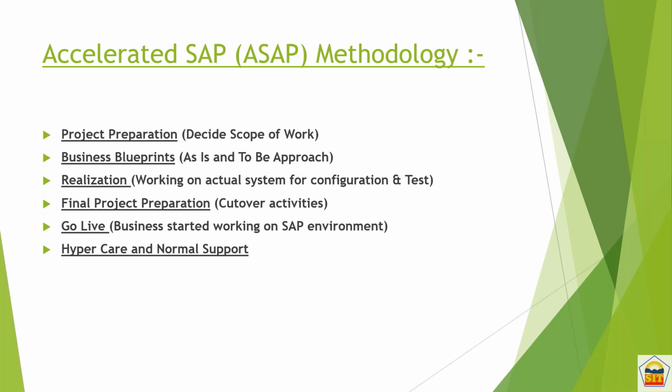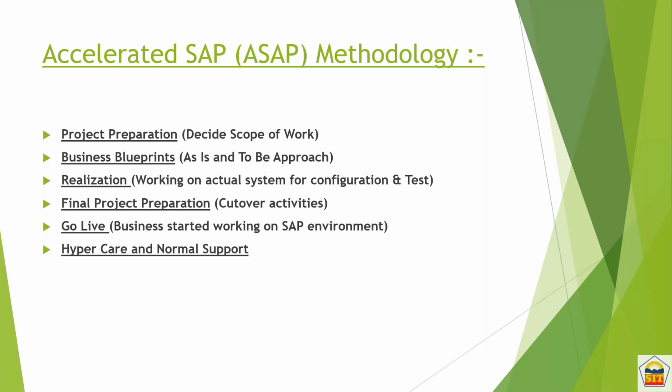Then we will be writing those processes, and for that what solution we are giving as a consultant, standard or customization, this we will be writing, and those documents we will be getting signed off by the IT head and by the client. And the stage is called the business blueprint document.